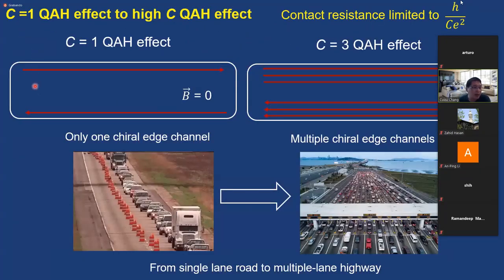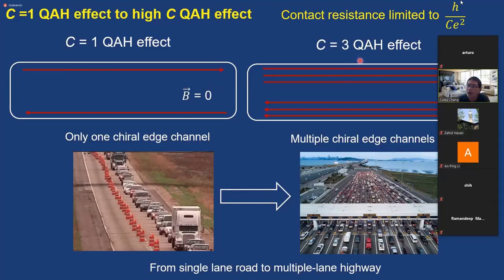Let's compare the C equals 1 quantum anomalous Hall effect and the high Chern number quantum anomalous Hall effect. In the C equals 1 case, there is only one chiral edge state. When the electron travels from the chiral edge state to the normal metal contacts, it is just like cars going from the highway to downtown, it will take a long time.